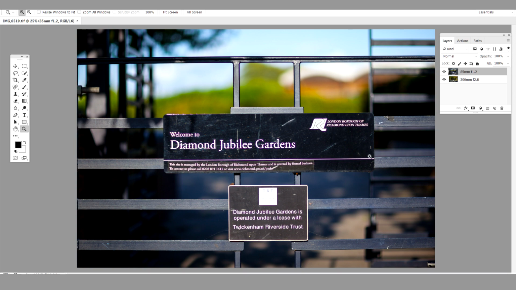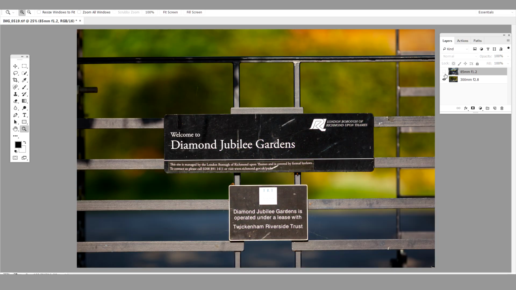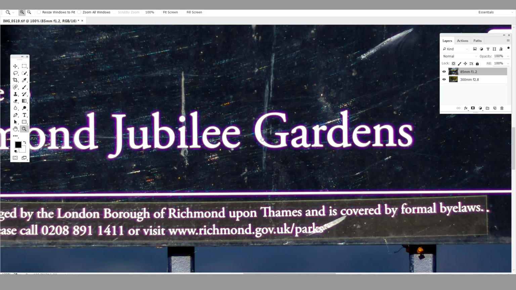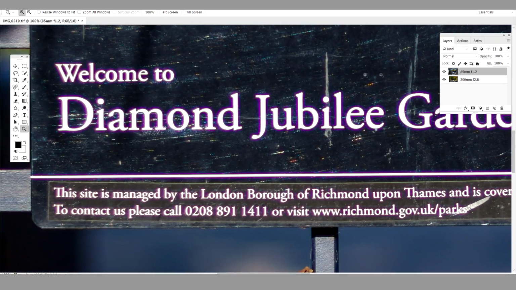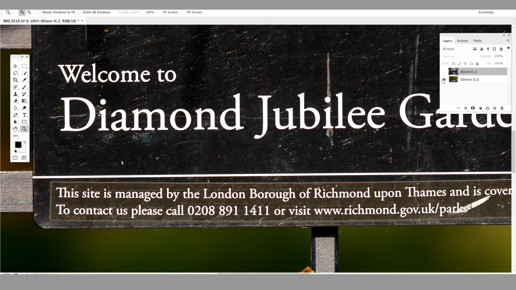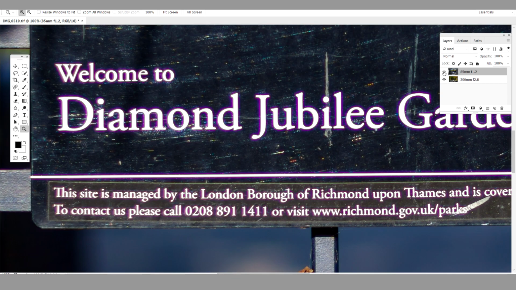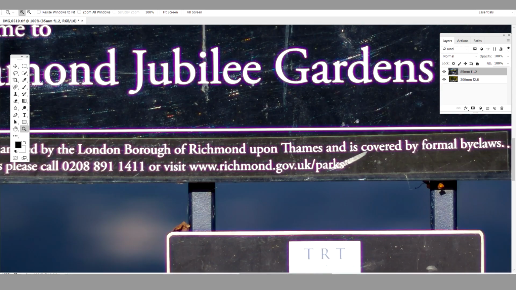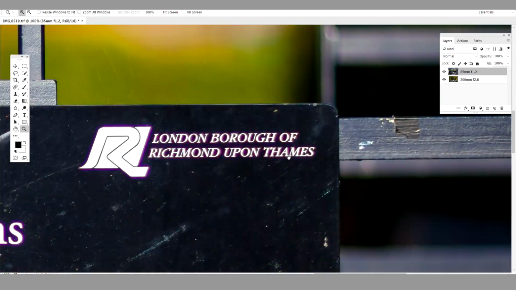This one was 85mm 1.2 and this one was 300mm at 2.8. It's quite interesting. Now let's have a look at 100%. So this one is 1.2. This one is also 85mm 1.2, and it shows quite a lot of aberration, which is understandable.